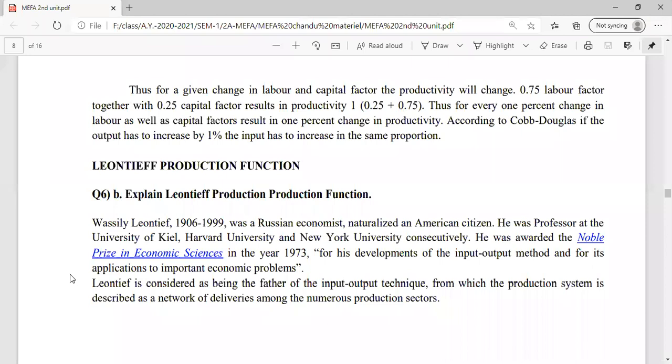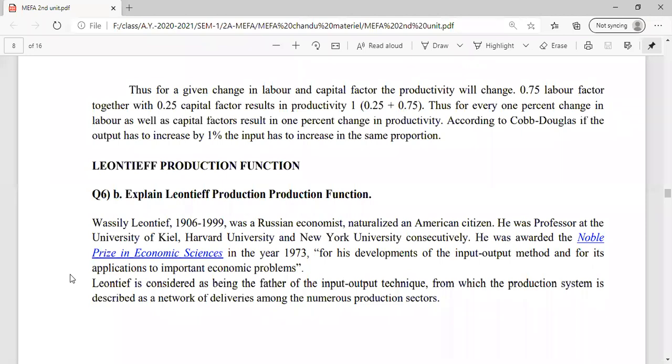He had given some input-output relationship regarding the production, okay, and he is also a professor from University of Cal, Harvard University and New York University consecutively.